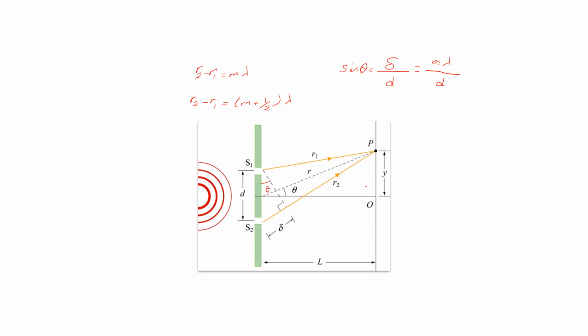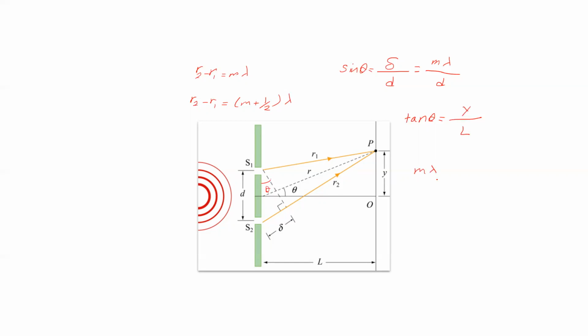And for this triangle, with the angle theta here, I can talk about tan theta, because here I have the y and I have the L, so I can say tan theta equals y divided by L. And because theta is really small, we can say sine theta equals tan theta equals theta.